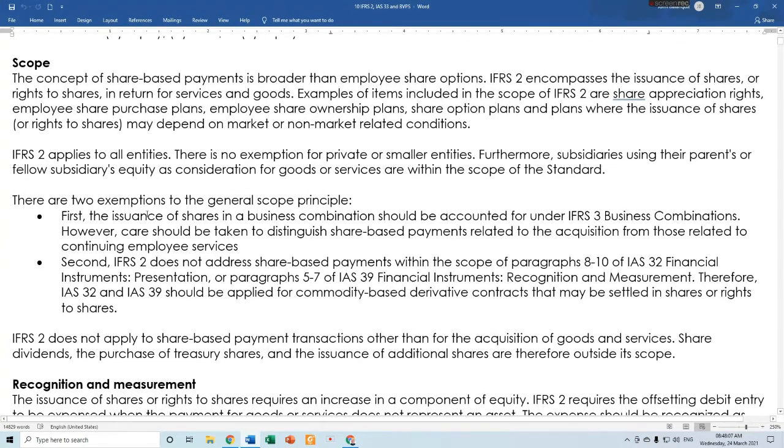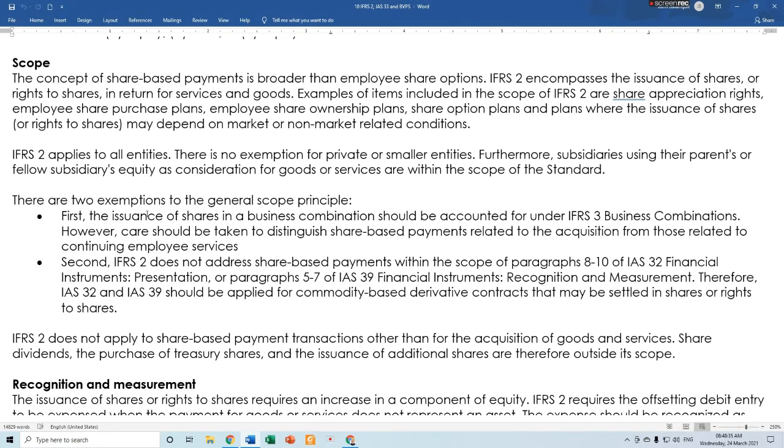Okay? So yung concept of share-based payments is not going only limited to the share options na binibigay sa employees or dun sa mga transactions within the entity. It also encompasses the issuance of shares, pag-i-issue ng rights, pag-i-issue ng whatever type of equity, in return for services and goods.